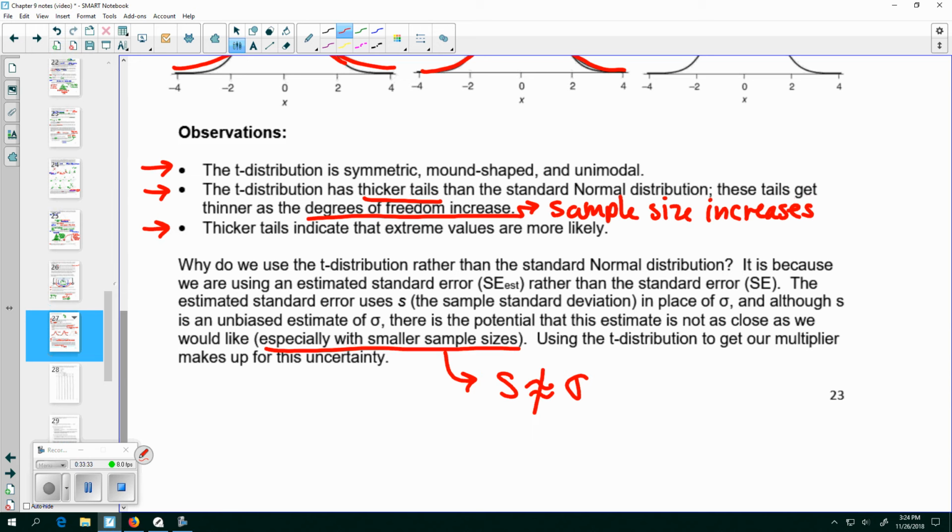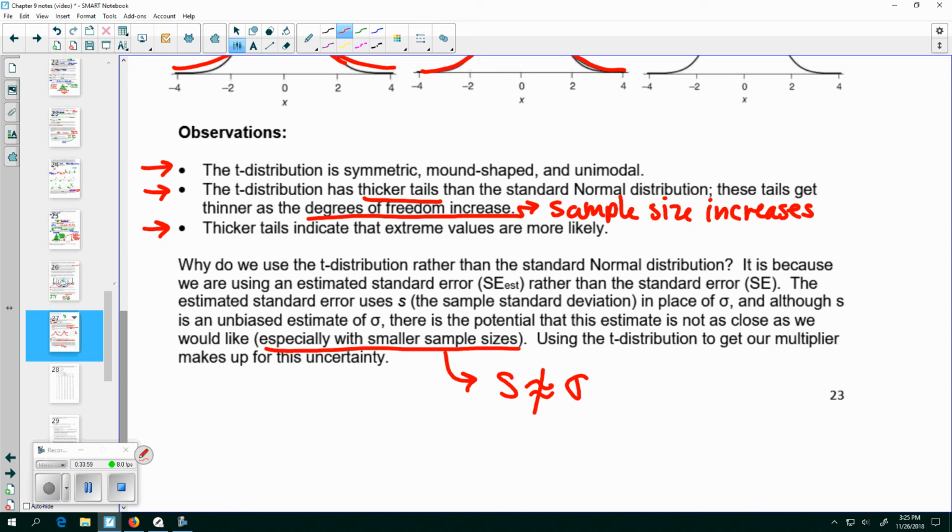And you're not as likely to get extreme values with a smaller sample size. You might think there's less spread. It's also the case where you might get a really unusual value and it inflates the standard deviation. So it might be a lot bigger than you expect. But that uncertainty leads us to use a bigger multiplier. So using the T distribution to get our multiplier makes up for that uncertainty.